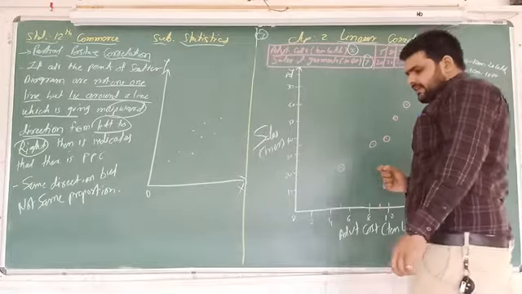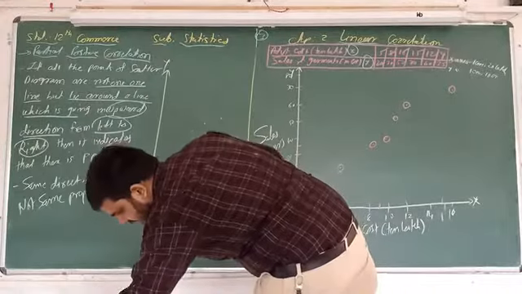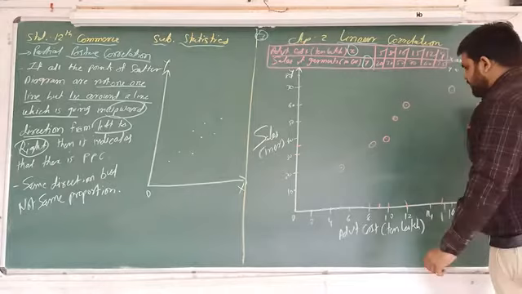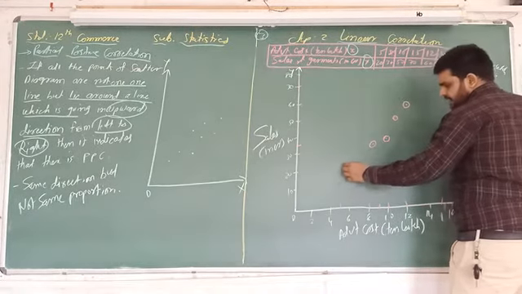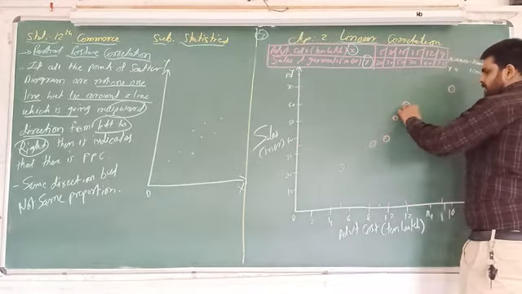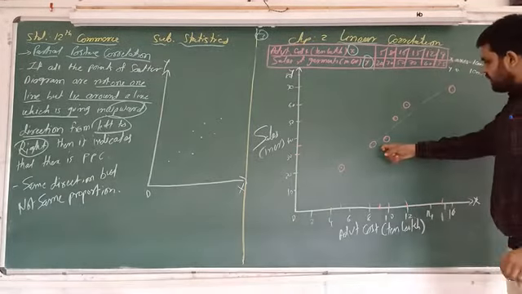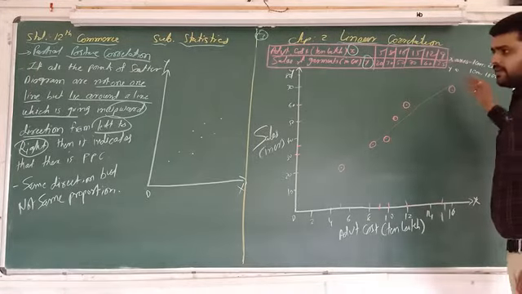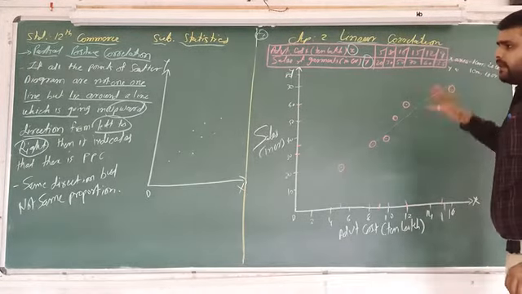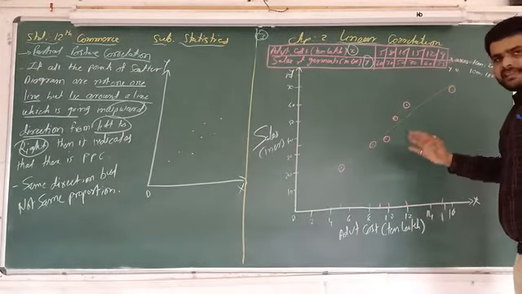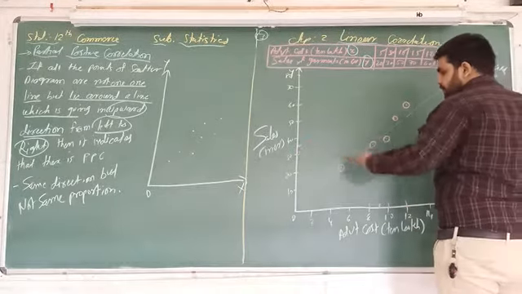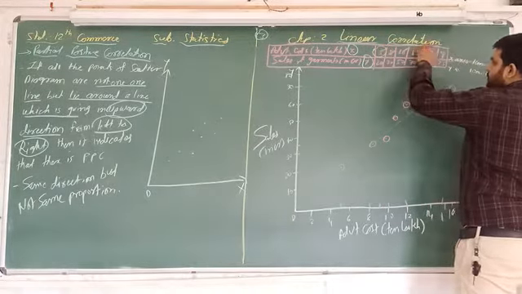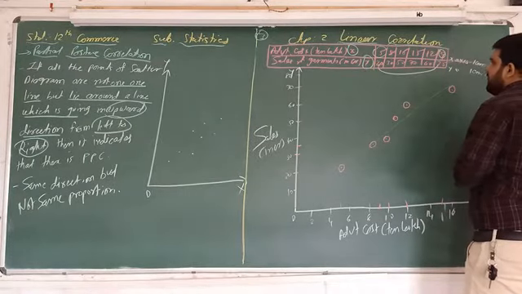Now we can see in this diagram that all the points are not in the same line. This one is lower, these two are up, this is low. So they are not in the same line, but all the points go in an upward direction from left to right. We can say that if advertisement cost is high from 5 to 9, sales are also high, 20 to 35.